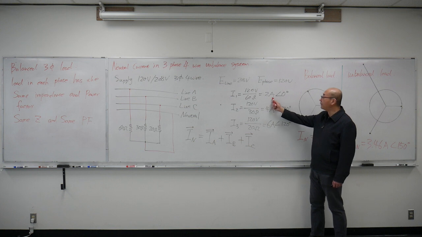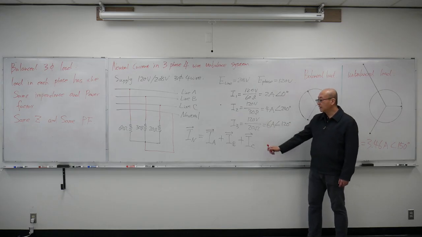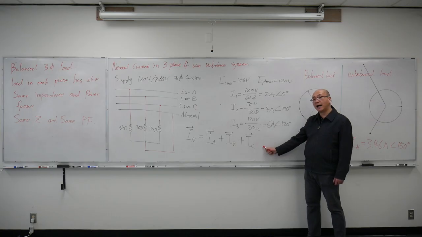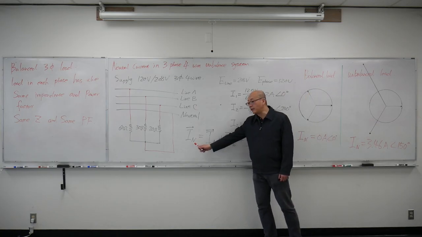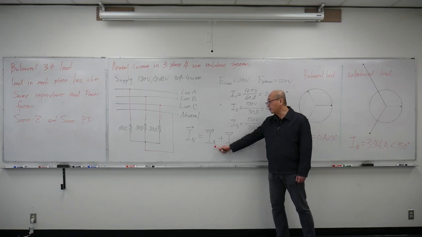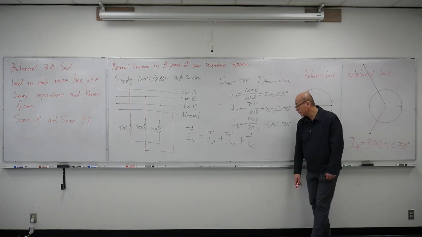I have 2 amps at 0 degrees, 4 amps at 240 degrees, and 6 amps at 120 degrees. The neutral is going to carry the unbalanced current. So the neutral current is a vector, equal to the three phase currents added up as vectors.